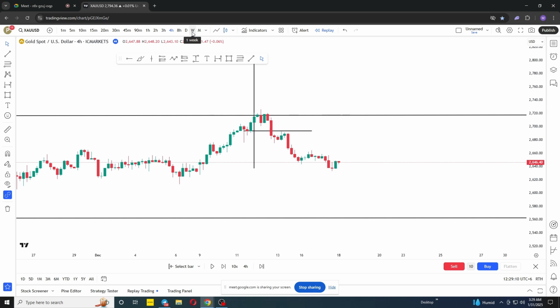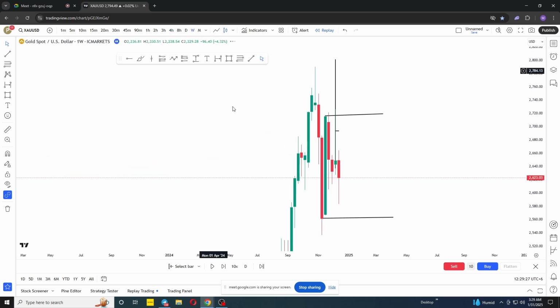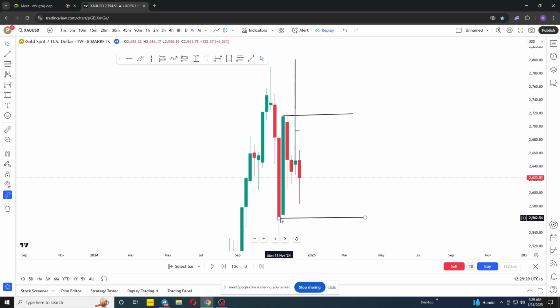I understand our monthly structure is bullish, but weekly is just showing me that in the bullish market we are seeing a weekly bearish move. If the bearish is continuing, till where? We adjust till this fresh level.